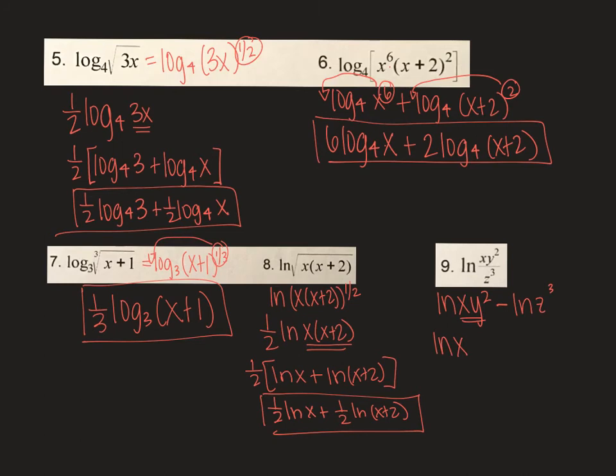So natural log of x plus the natural log of y squared minus the natural log of z cubed. And then the last thing I've got to take care of is my exponents. So natural log of x plus 2 natural log of y minus 3 natural log of z.